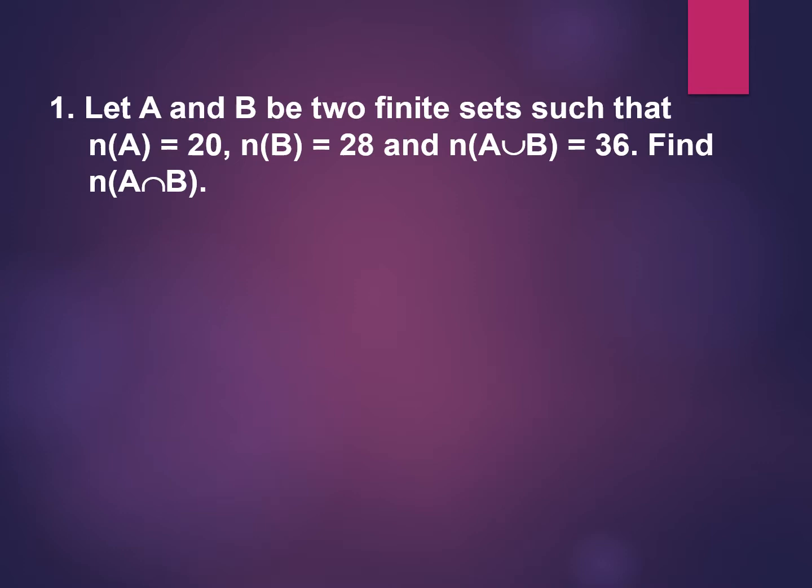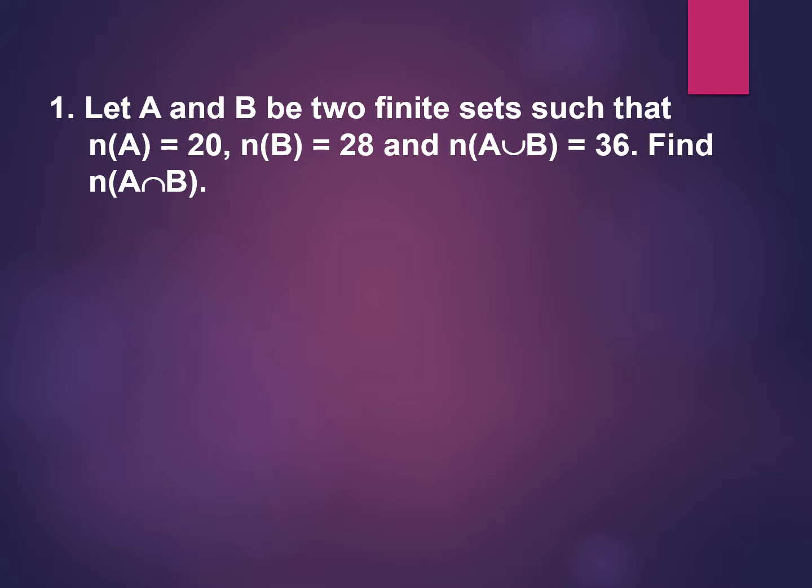Example number 1. Let A and B be two finite sets such that set A is equal to 20, set B is equal to 28, and the union of set A and set B is equal to 36.